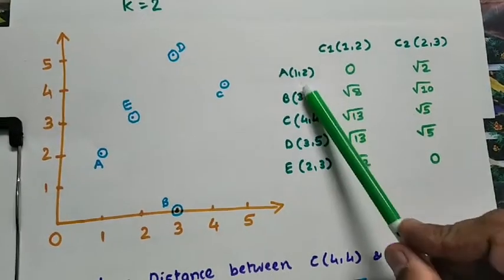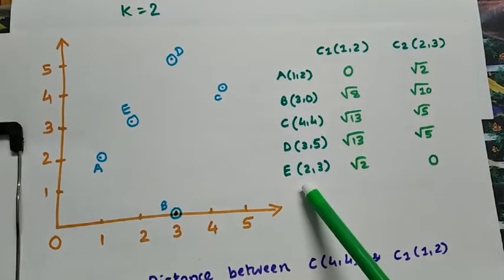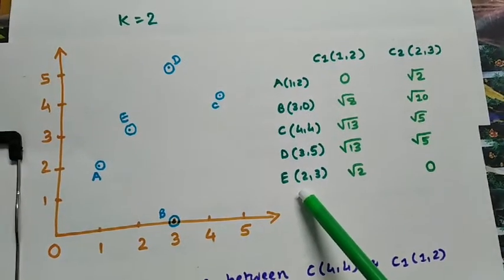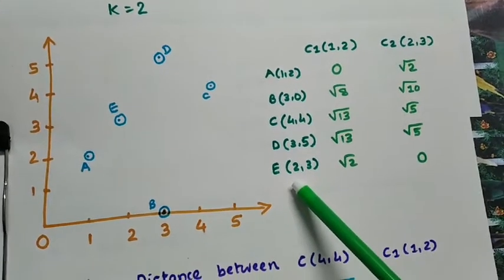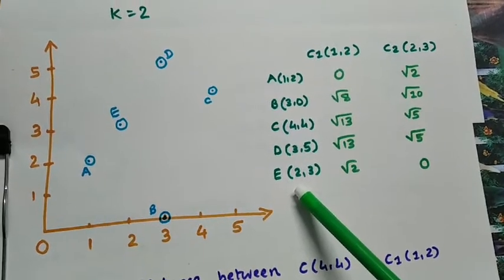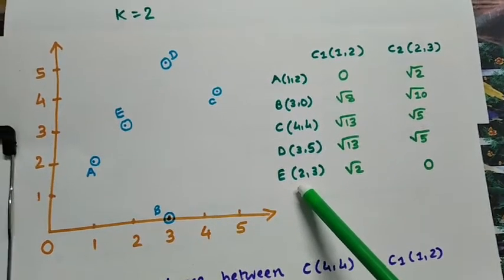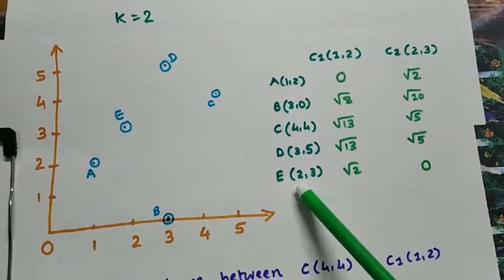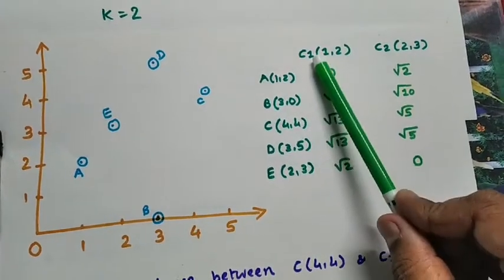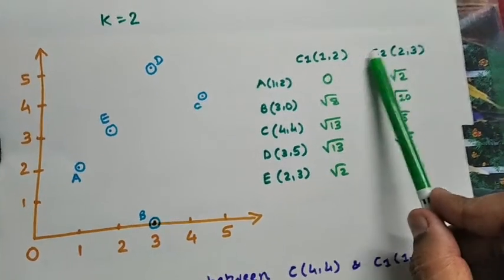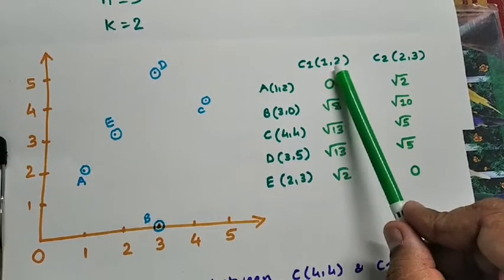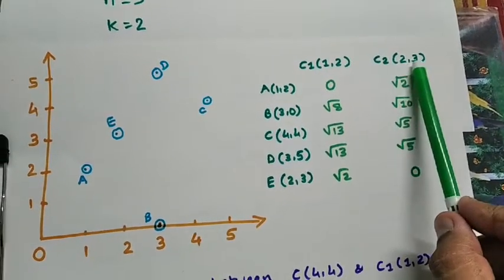So what I did was A (1, 2) and E (2, 3) were designated as two cluster representatives, two initial seeds in the very first iteration, and we label them as C1 and C2. So cluster 1 and cluster 2. C1 coordinates are (1, 2), C2 coordinates are (2, 3).